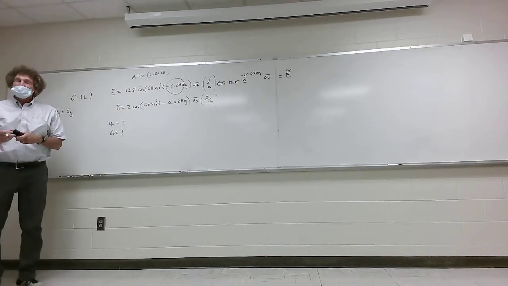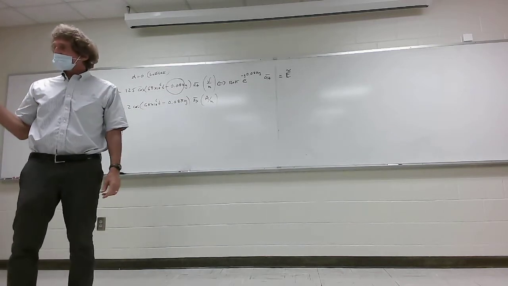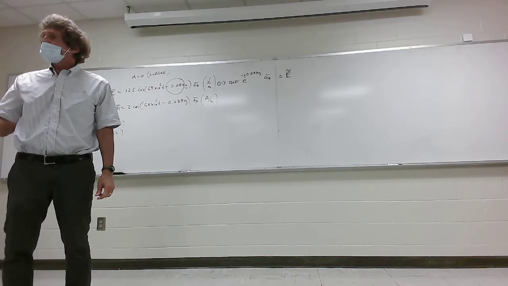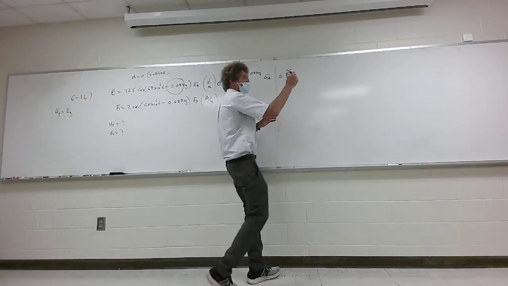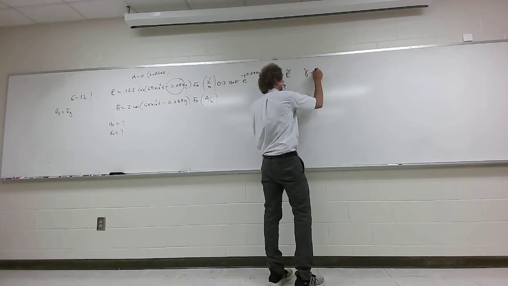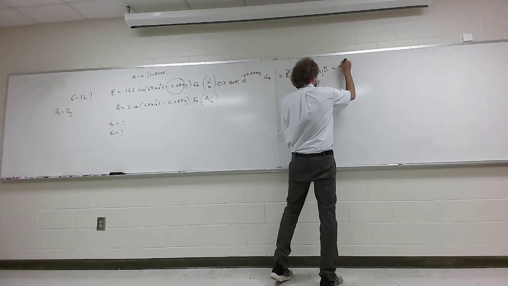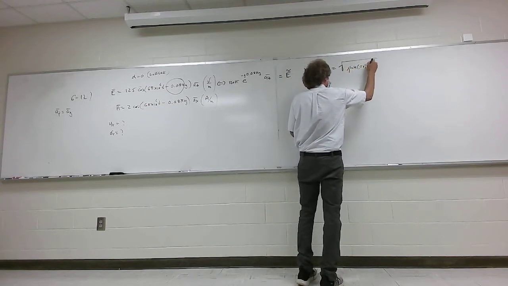After that, we know it's lossless. This you have to really understand well. If you don't, you get in a lot of trouble. Remember, the propagation constant gamma is alpha plus j beta, and it's equal to the square root of j omega mu times sigma plus j omega epsilon.